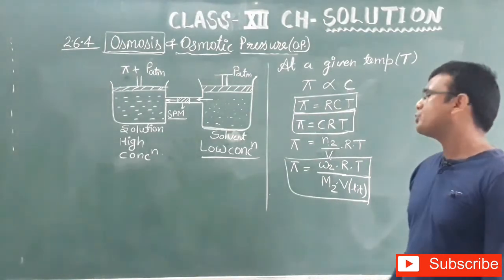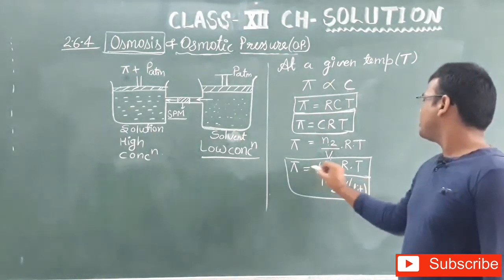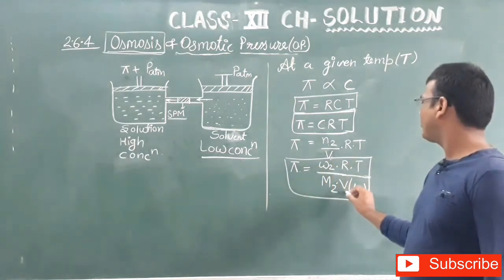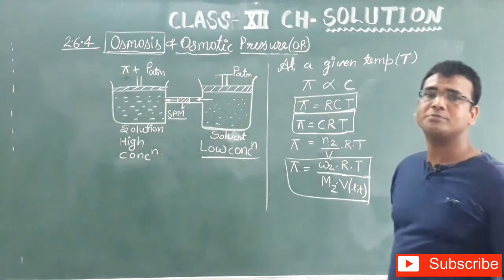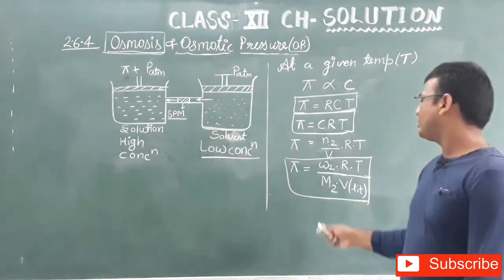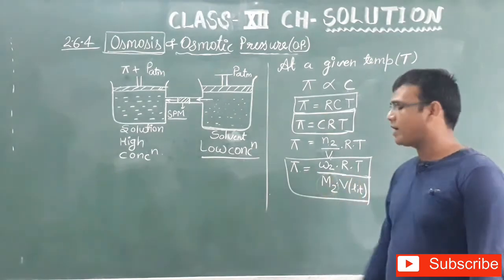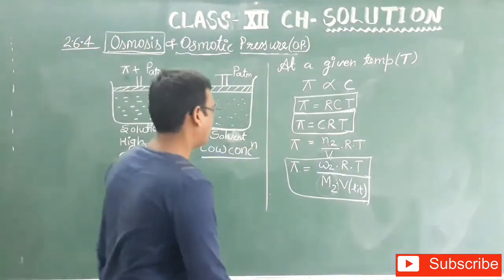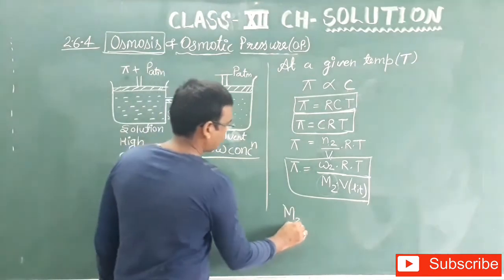Now R is a constant, and there are 5 parameters in this expression. 4 parameters will be given in the question, and the 5th one, generally M2, is asked. So you should know how to rearrange it in the form of M2.